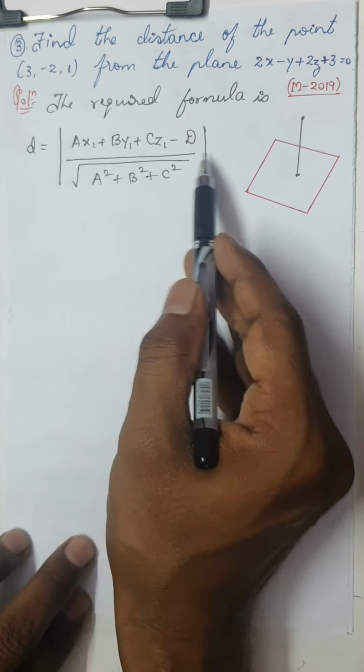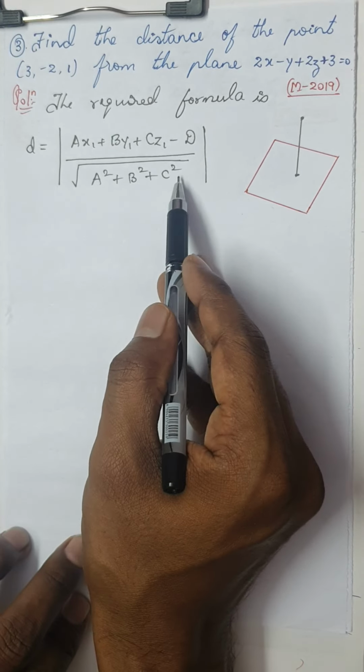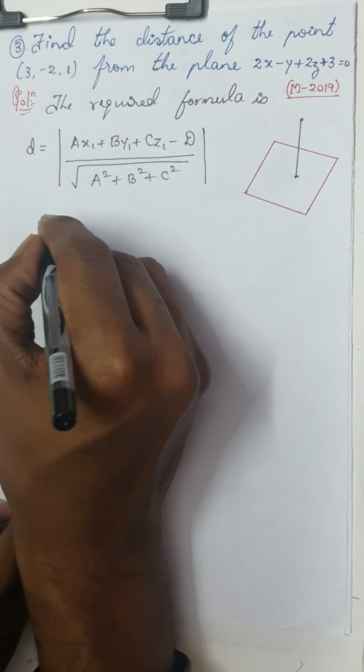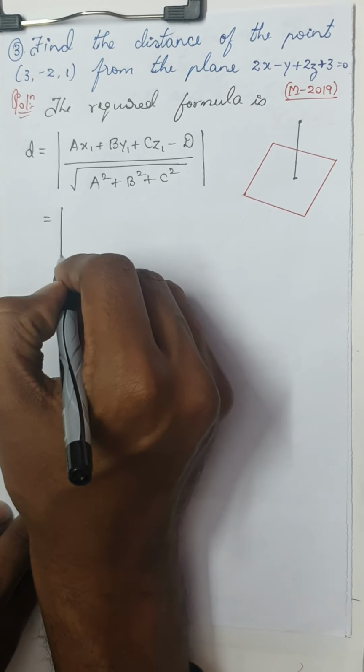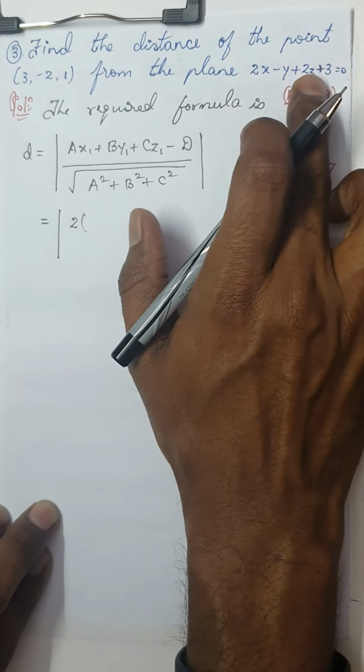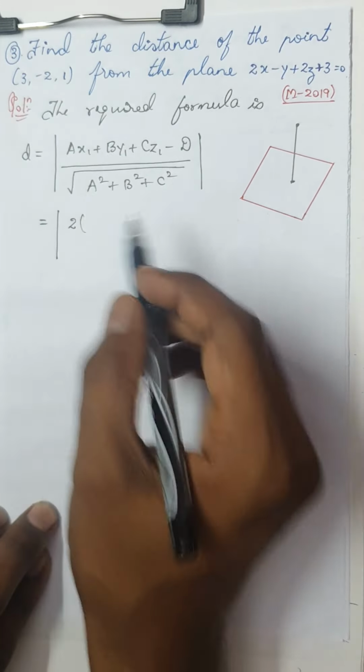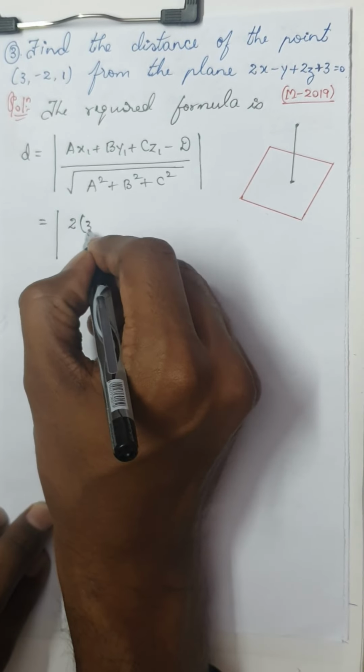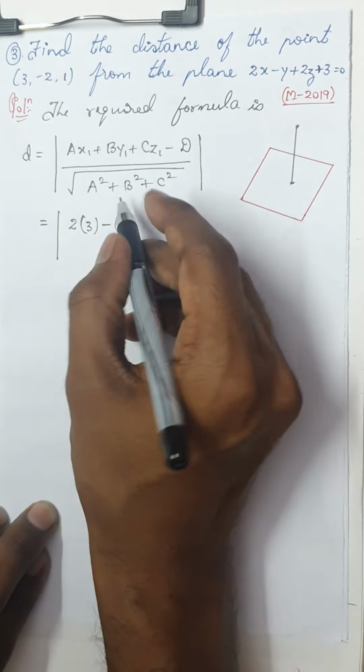Now divide by root of a square plus b square plus c square. You need not worry about writing the formula. Next, write the plane as it is, but in place of x, y and z, use the point given. So it is 2 into 3, minus, what is the value of y?